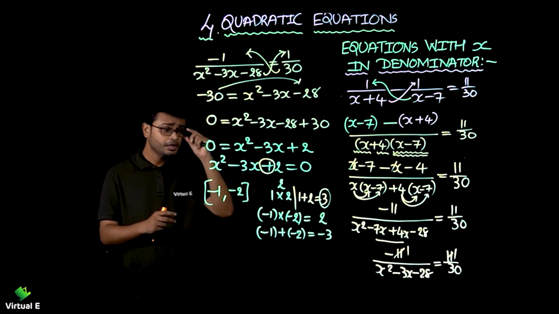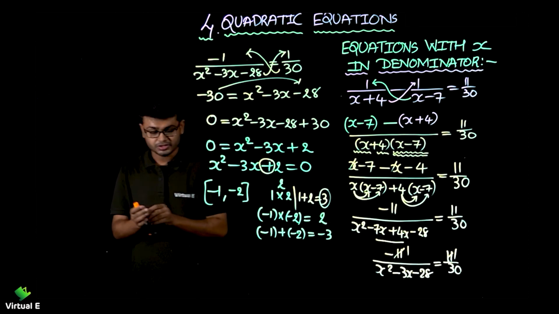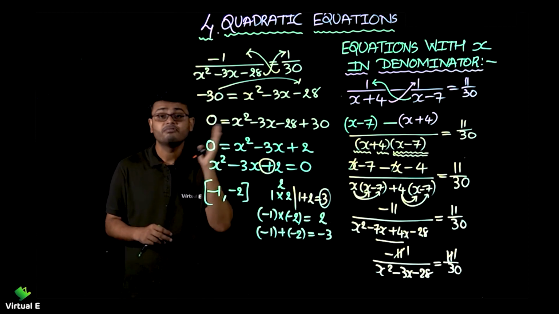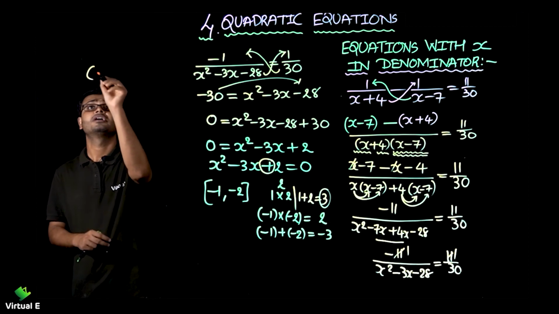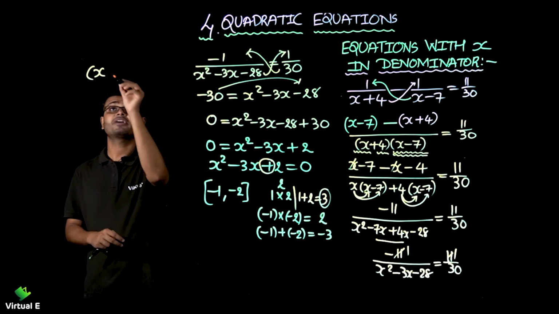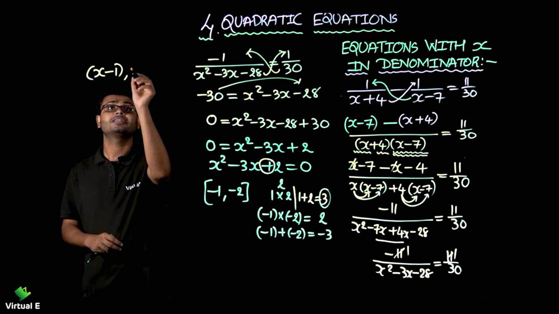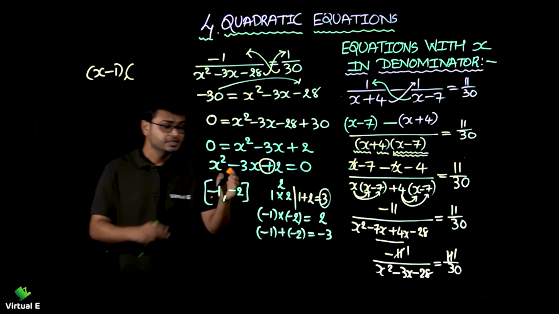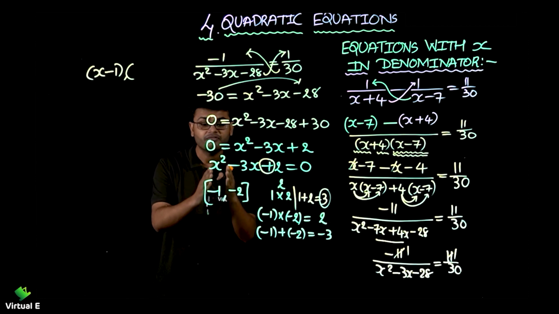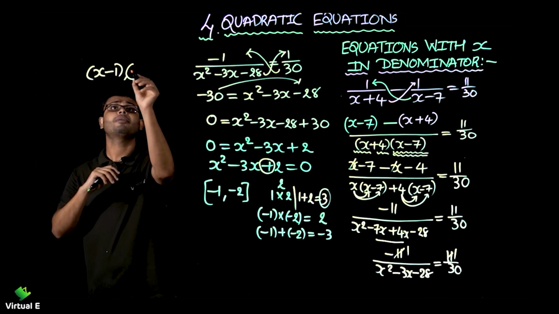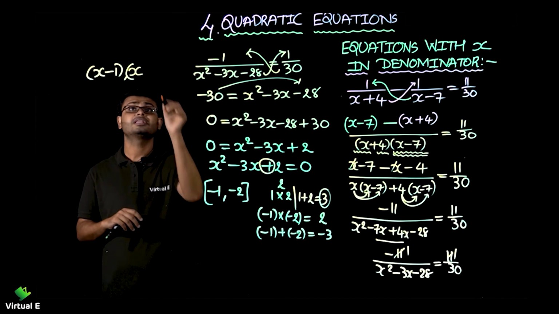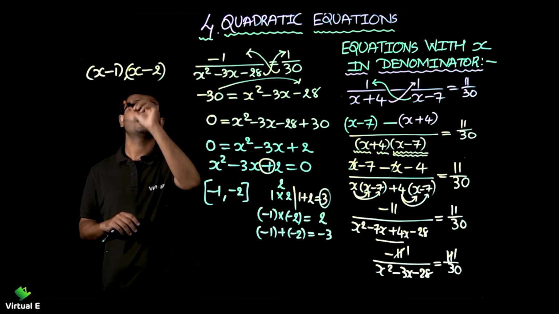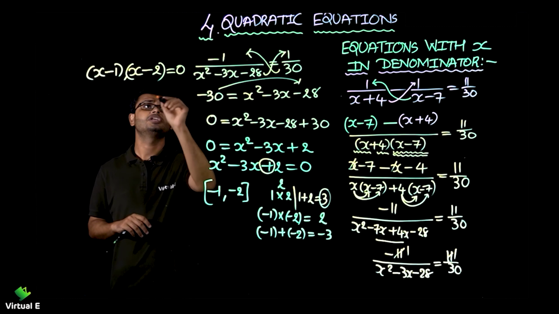Done. Now I am going to write. First of all I will be writing the first term without power, that is only x. What is my first factor? Minus 1. Then I will be writing the second time the first term as it is without the power, so only x. Then second factor, which is minus 2, is equal to 0.